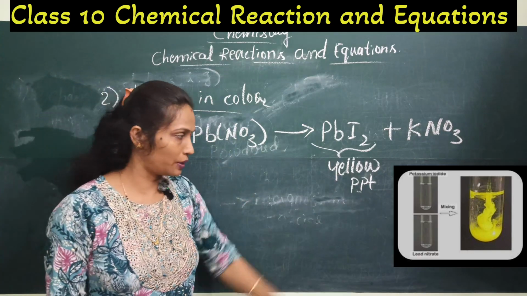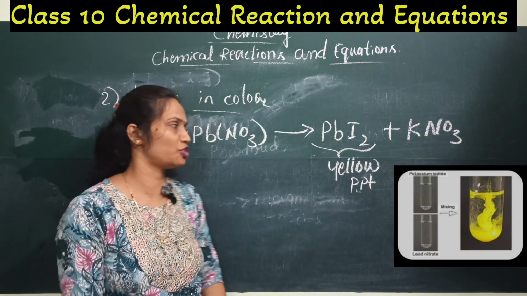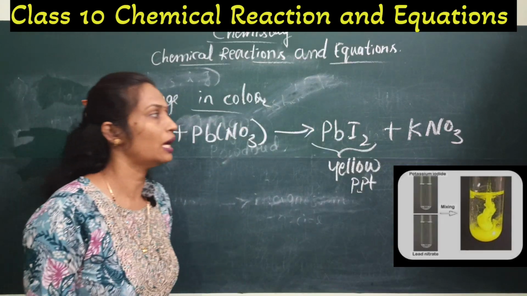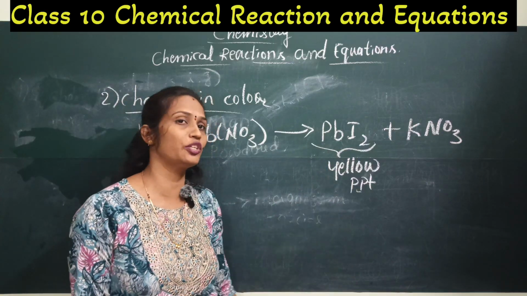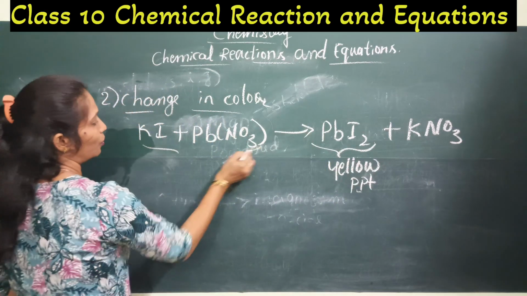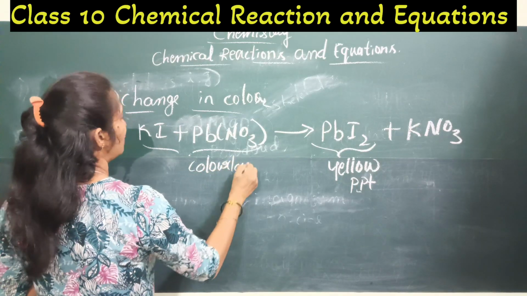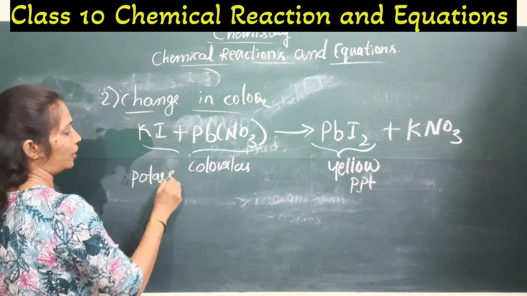You will come to know about the precipitate, what type of reaction it is, everything in our upcoming sessions. Just remember how you say a chemical reaction has happened by a change in color. These two are colorless, guys. This is potassium iodide, note it down.